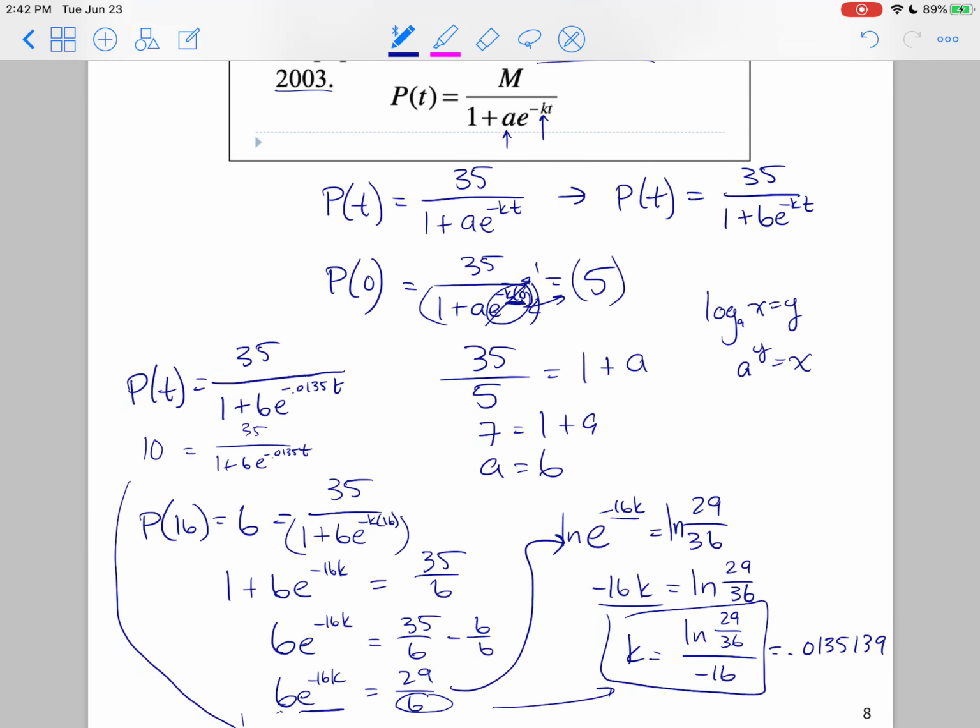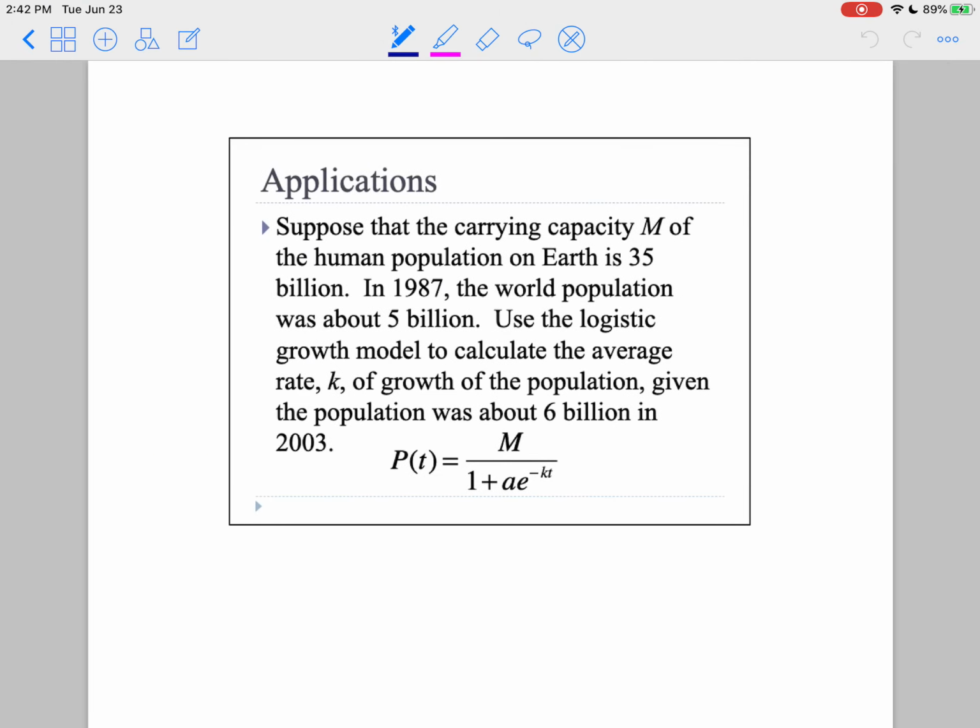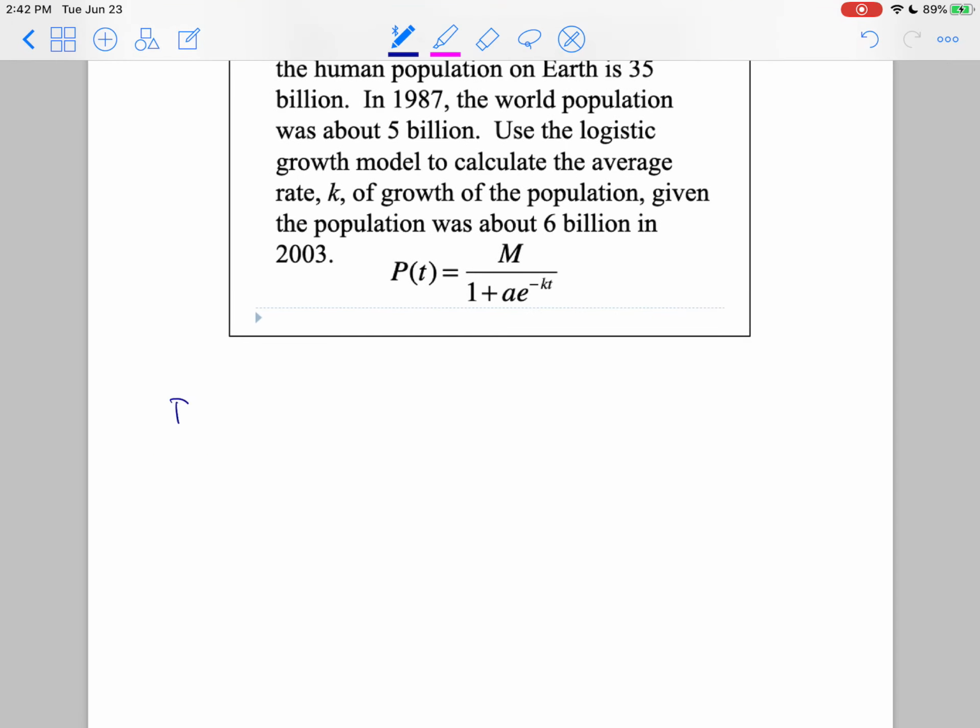Actually, if you want, I can go through finding it. So P of t is 35 over 1 plus 6e to the negative 0.0135t. We want to know when the population is going to be 10 billion. So first I do the old switcheroo.